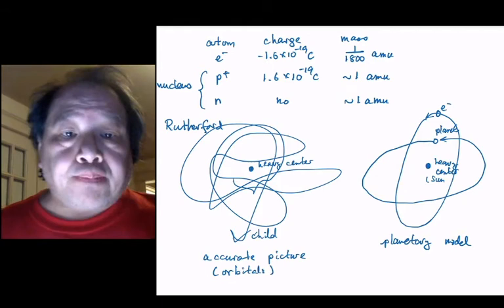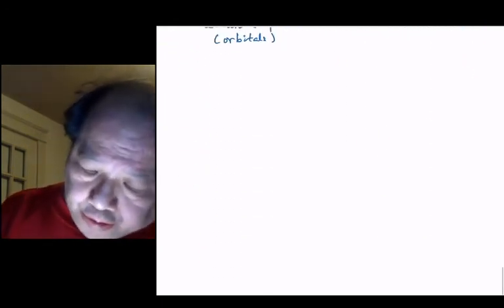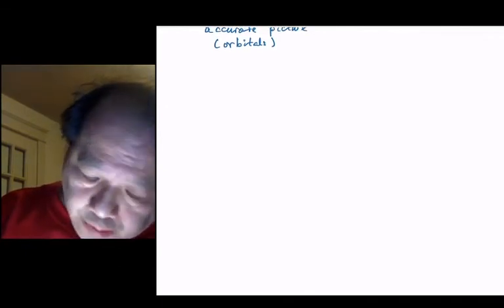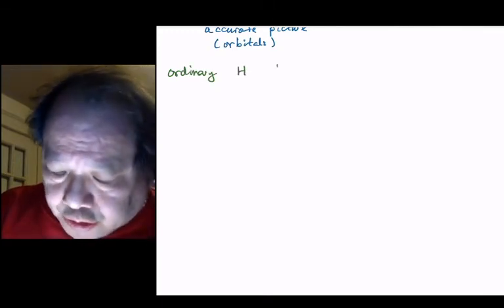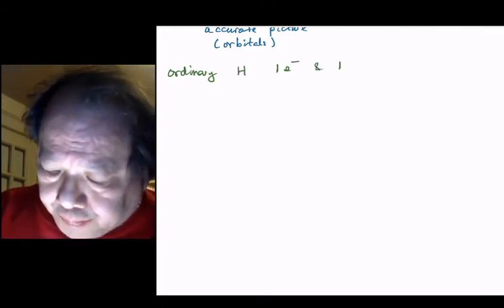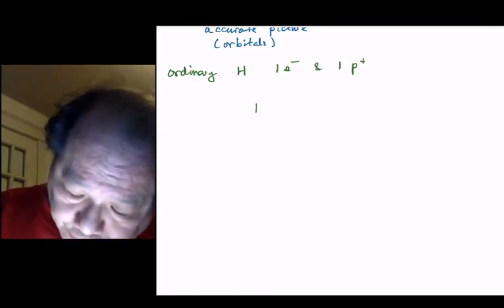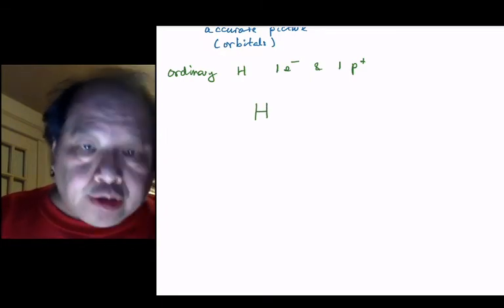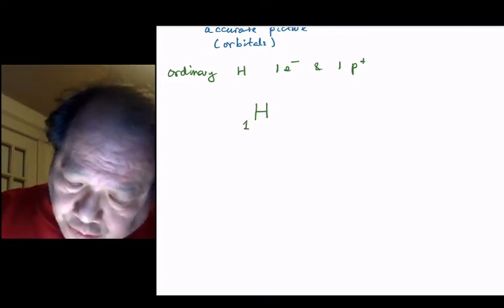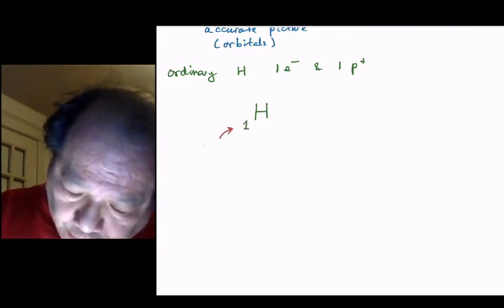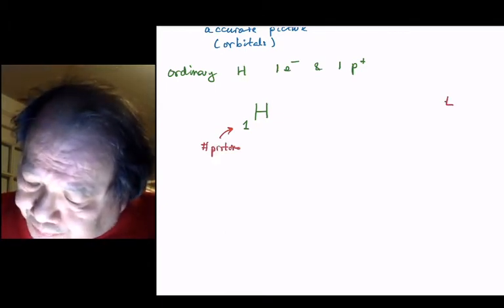Okay, that's the pictures, and now let's get to a little nomenclature. Ordinary hydrogen is 1 electron and 1 proton. And the way you're going to write it is like this. First, you write hydrogen, the element symbol. In the lower left corner, we write the number of protons.